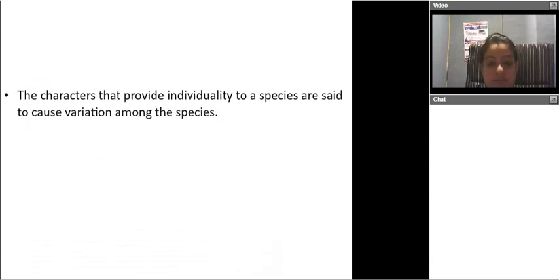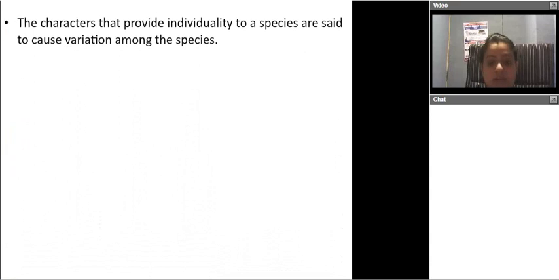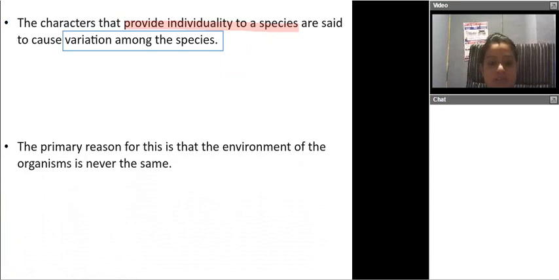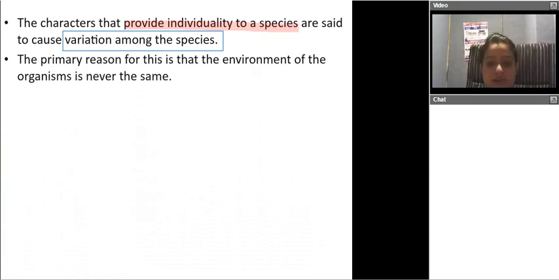The characters that provide individuality to a species are known to cause variations among the species. Right? The primary reason for that is that the environment of the organisms is always constantly changing.